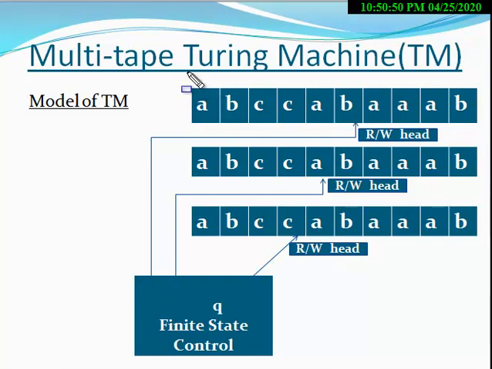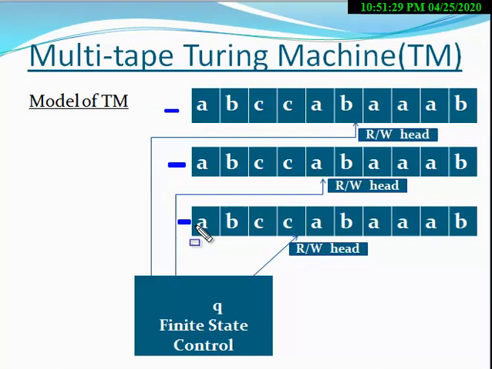Clearly, this is the model of the multi-tape Turing machine. Here we have shown in this figure the model of a multi-tape Turing machine. Here we consider 3 tapes. The tape number 1 is this, then second tape and third tape. So tape 1, tape 2 and tape 3. Clearly in this case, since the number of tapes is more than 1, the number of heads will be more than 1.